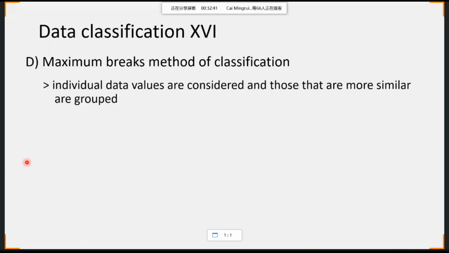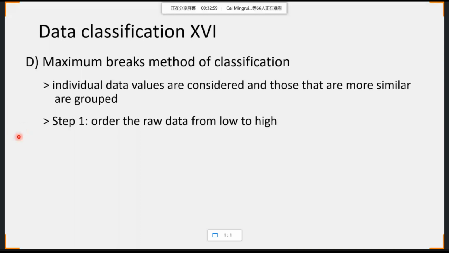Then the next one, the maximum breaks method of classification. Individual data values are considered, and those that are more similar are grouped. So this is the basic idea here. Step 1, order the raw data from low to high.